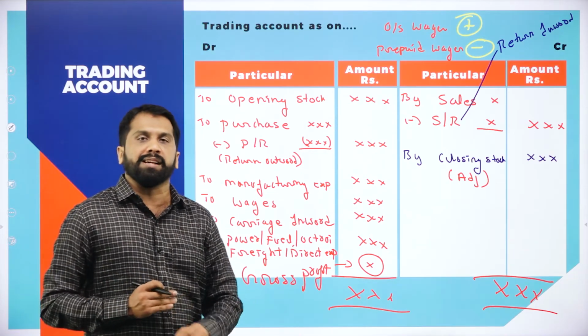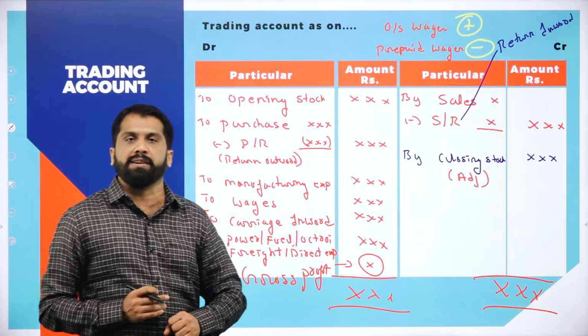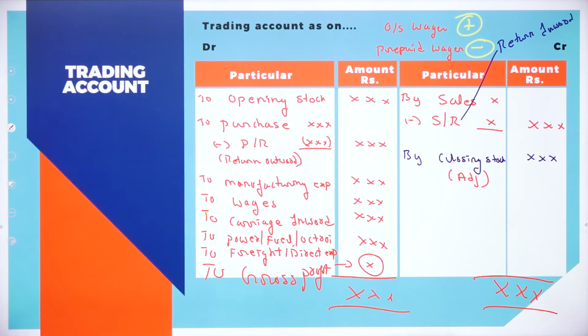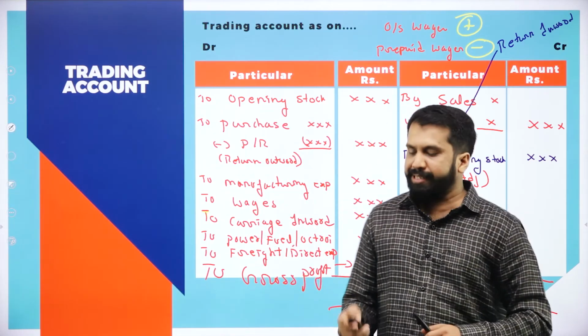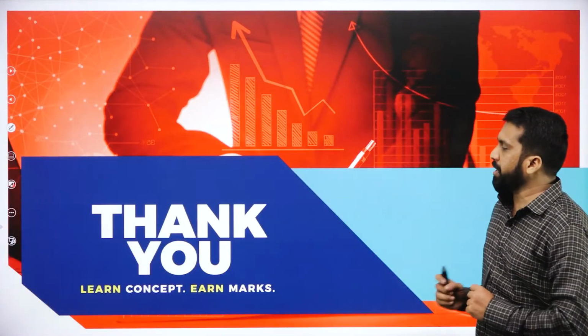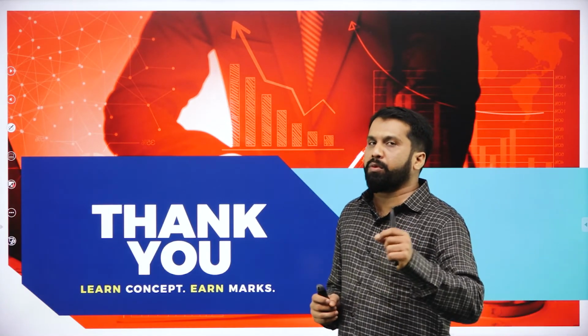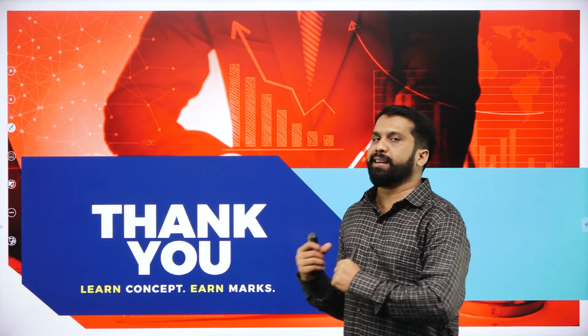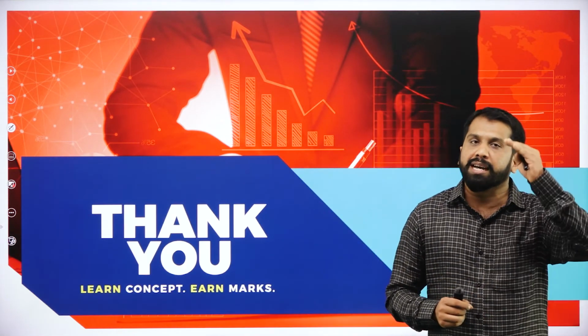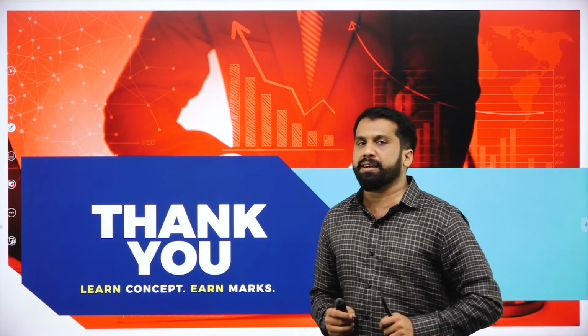I'll go out of the screen. Please take a screenshot of this. So this is all about today's session. We have finished the trading account. Your homework: go home without seeing the screenshot and write down the complete format of the trading account.